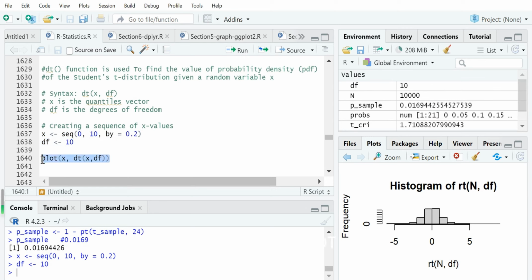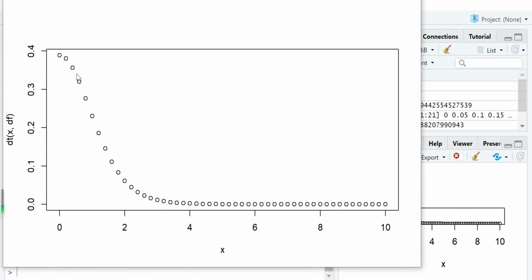Then we can use dt to calculate the distribution density for this random variable vector. Then we plot it in a figure. So this is the density curve for these variables coming from a t-distribution with 10 degrees of freedom.